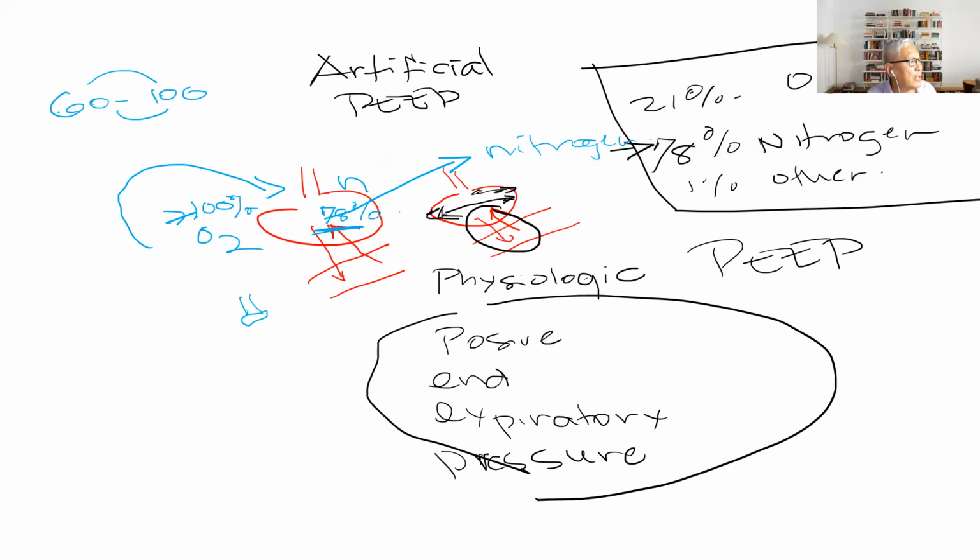So when you give patients oxygen that's greater than 60 to 100%, you are going to have nitrogen wash off. And the consequence of nitrogen wash off is atelectasis. Is that clear? Great. Okay.